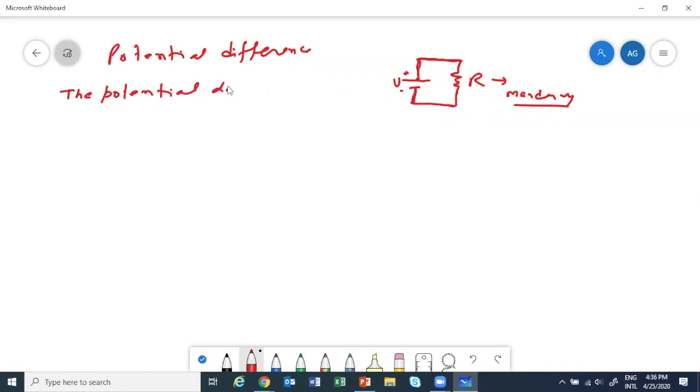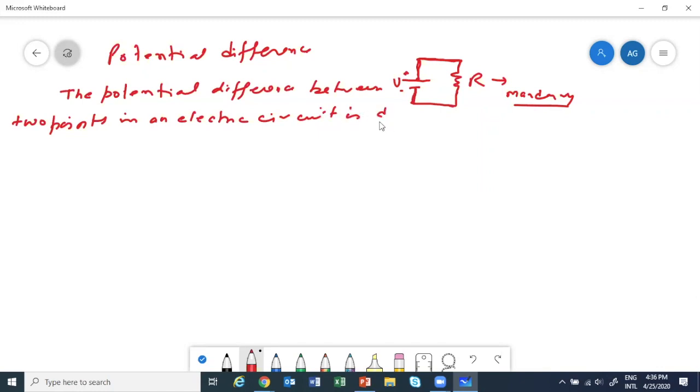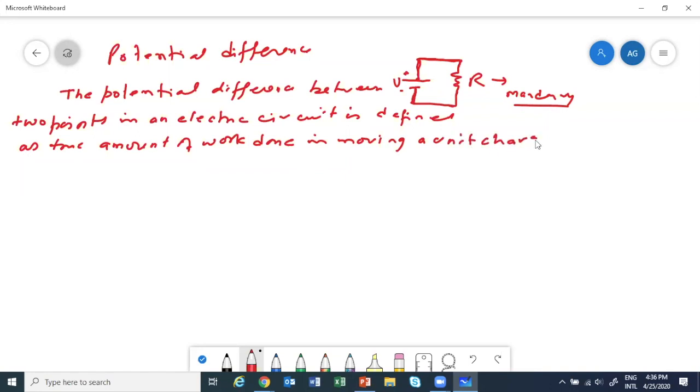Potential difference between 2 points in an electric circuit is defined as the amount of work done in moving unit charge from one point to the other point.